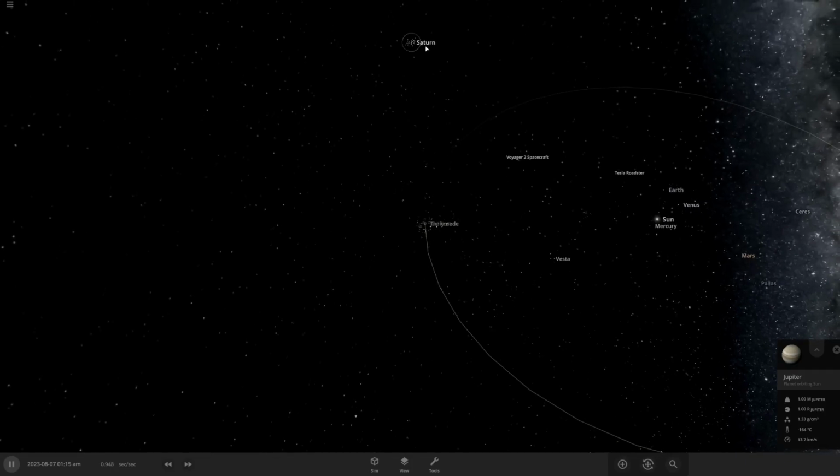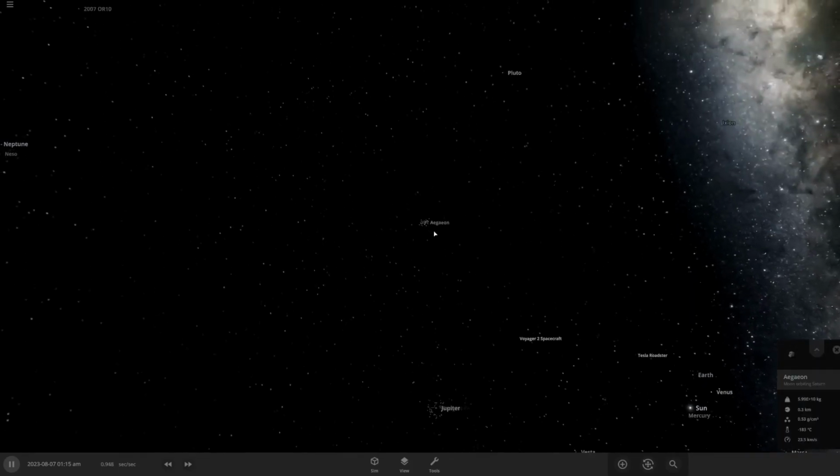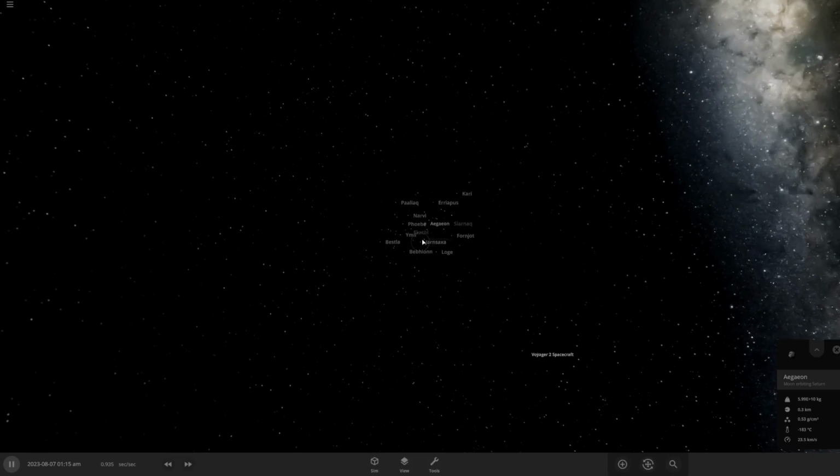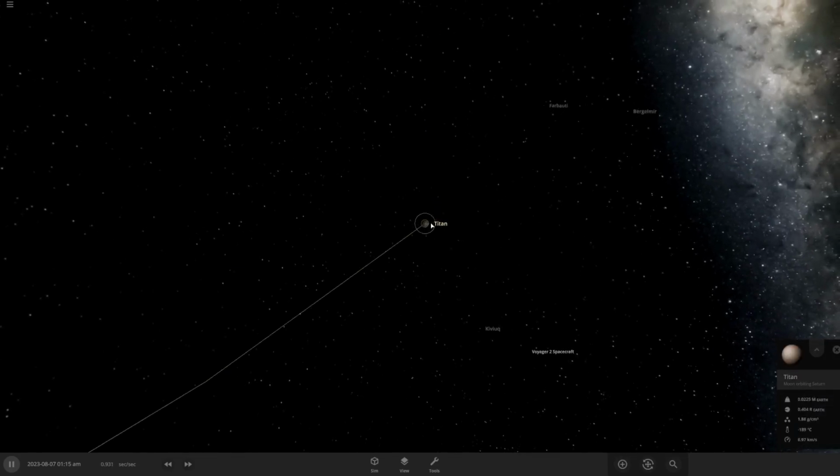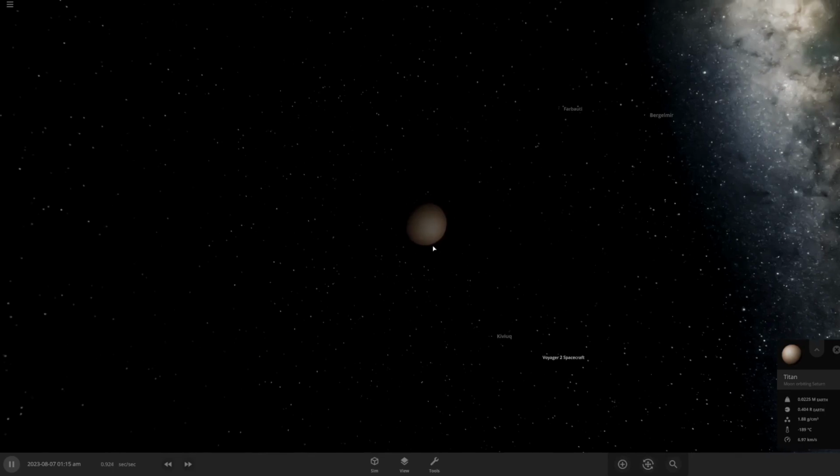The second largest moon in our solar system is Titan, one of Saturn's many moons.